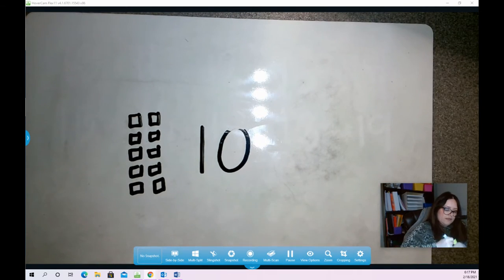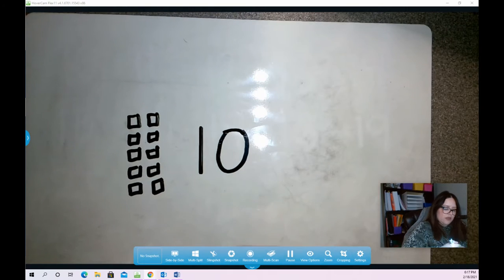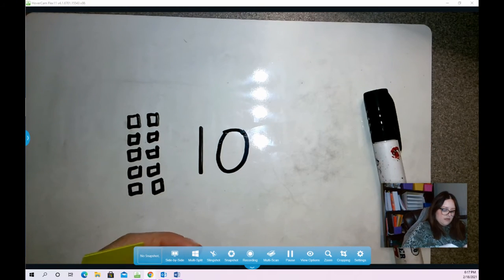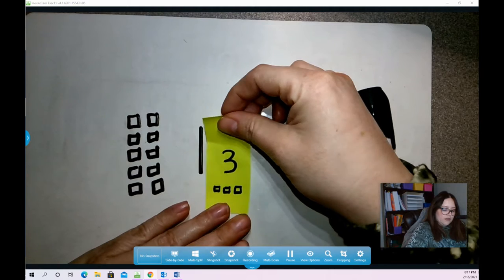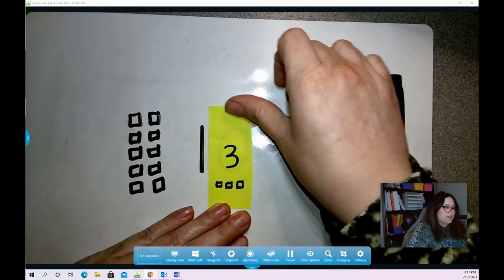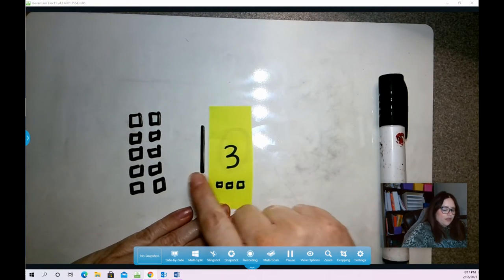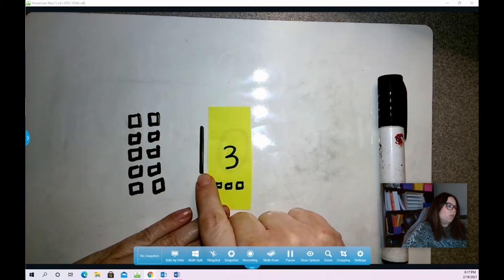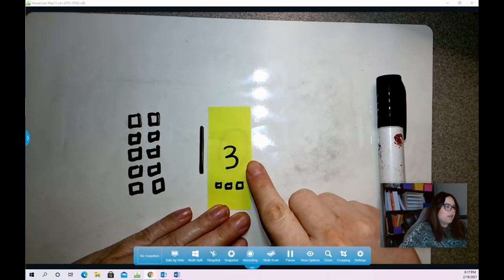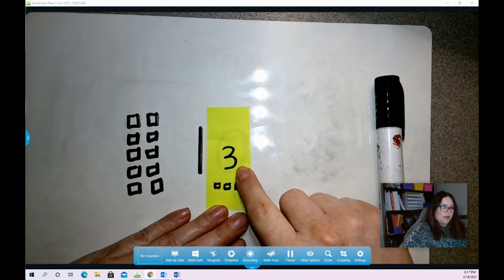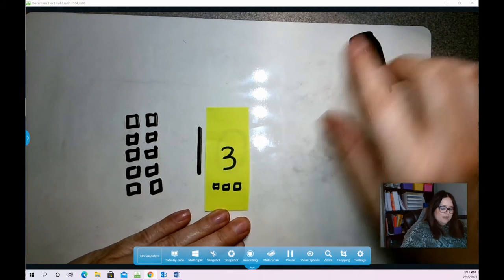All right, what if we have 10 and we add 3 more? That becomes the number 13. One group of 10 and 3 more makes the number 13.